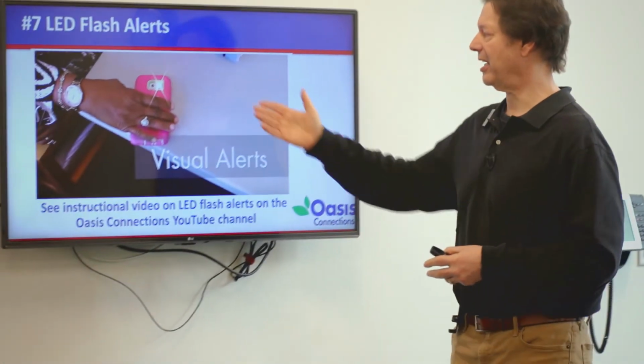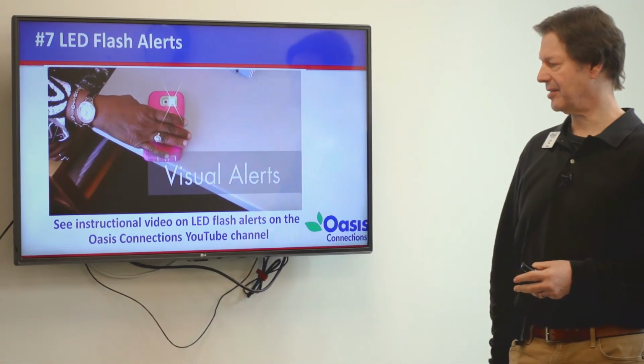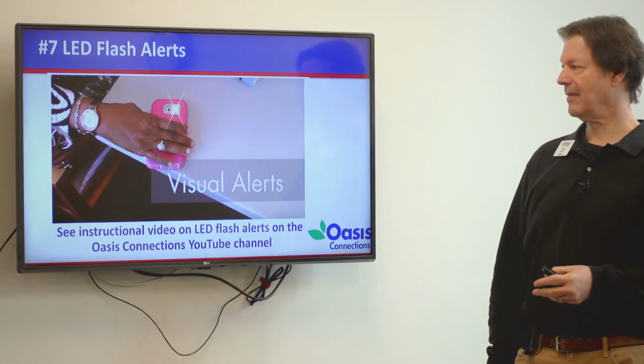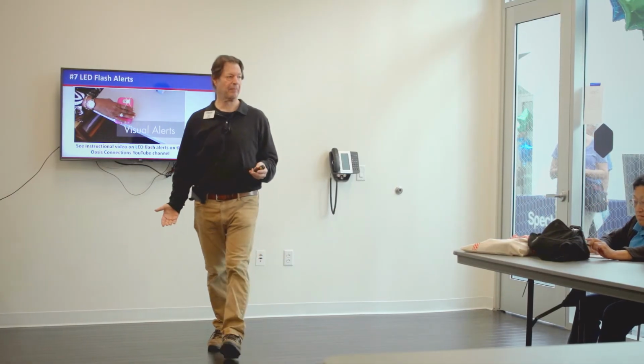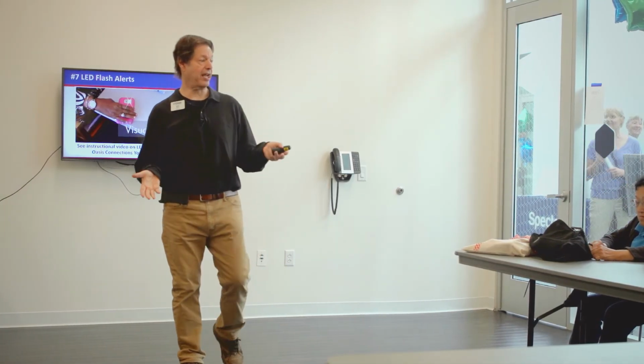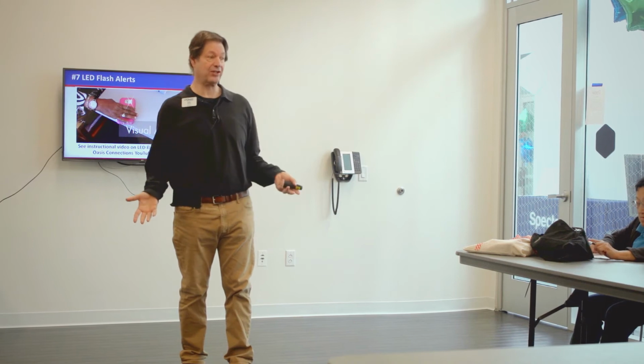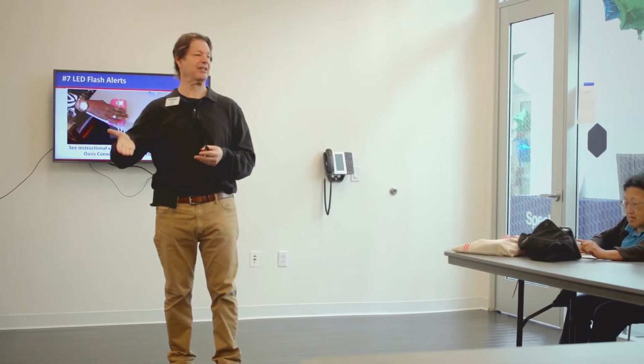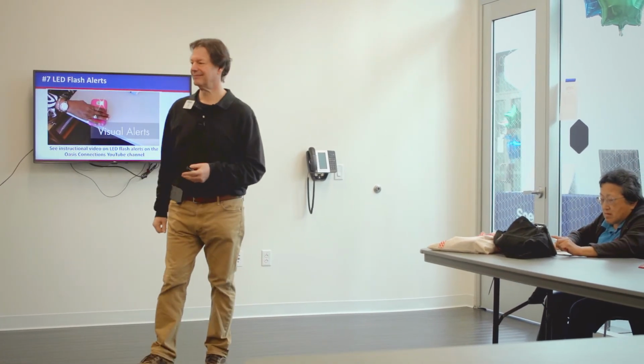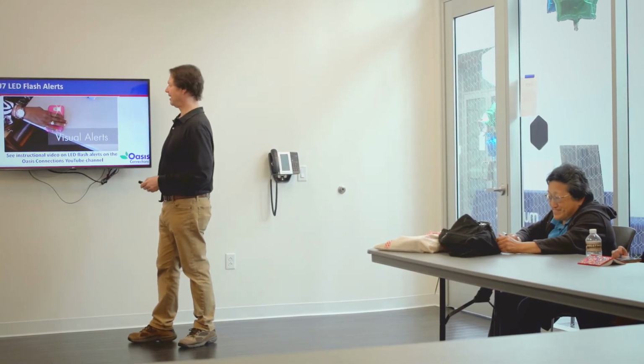So you can get what's called visual alerts. Most of your phones have a flash for your camera, a flash for a flashlight, and that's what's lighting up. Certainly if the room is darker, it's like a torch. Okay.